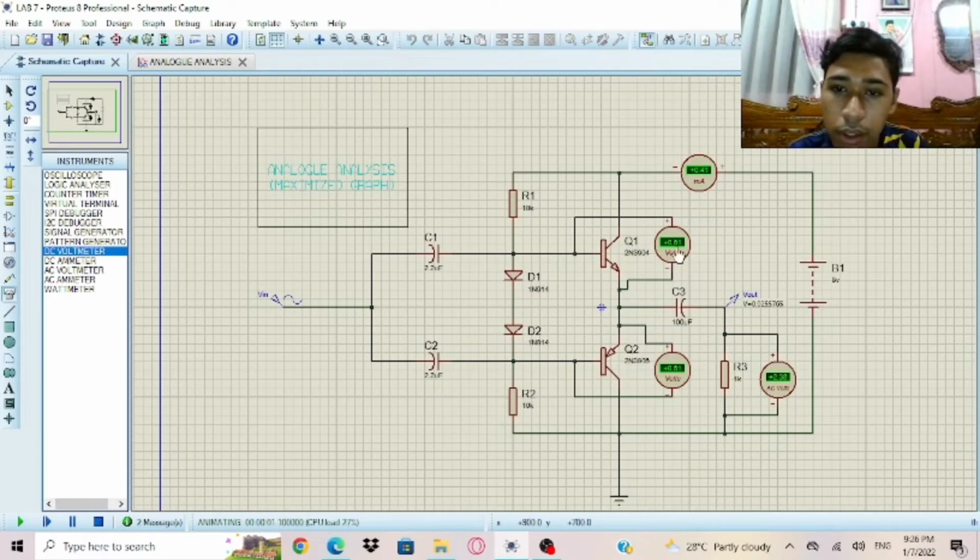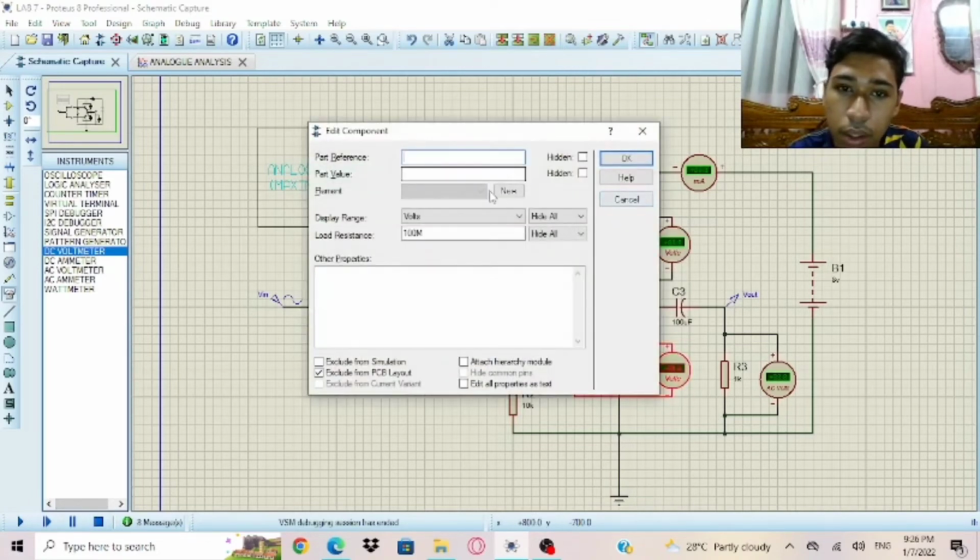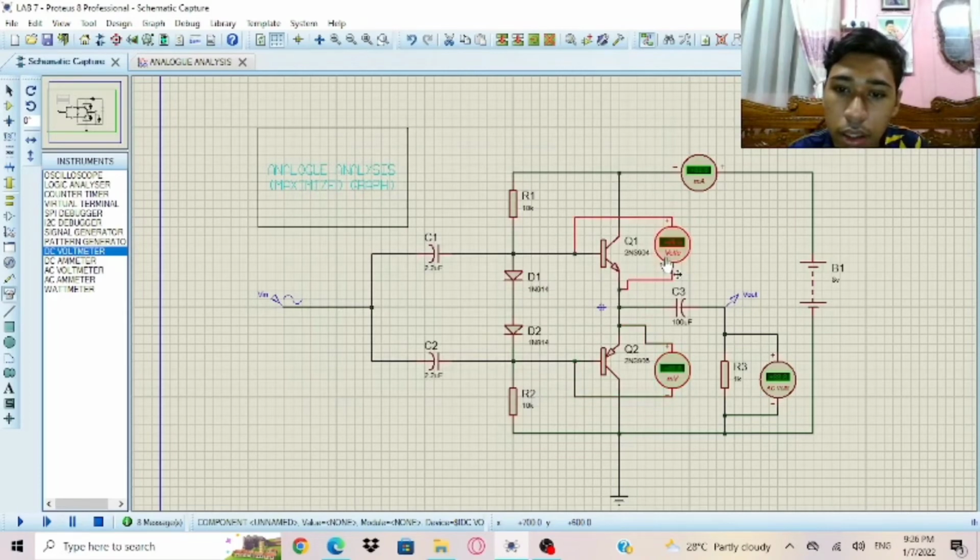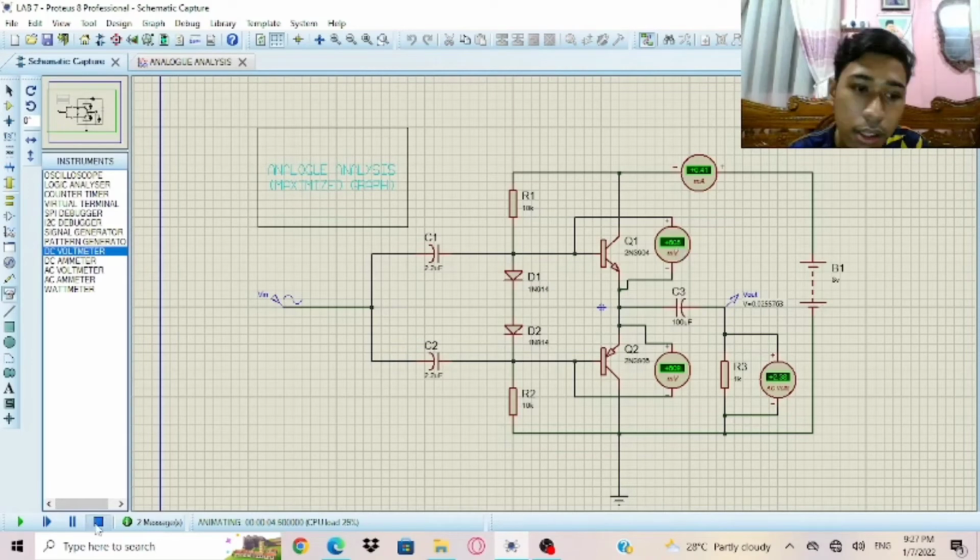The volt is 0.61. Both are the same, and if we change to millivolt, we got for the VBE1 605 millivolt and VBE2 309 millivolt.